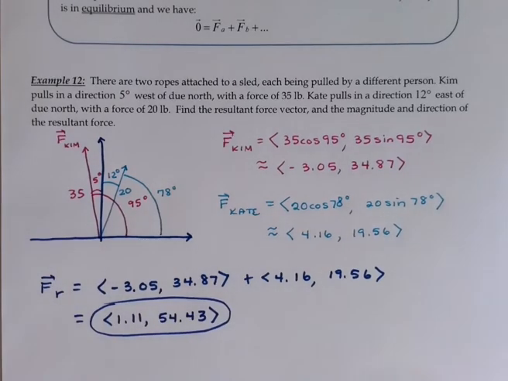The resultant vector. Notice that that is just slightly to the east of north, right? This is a first quadrant vector. So it turns out that they're going to go just slightly to the east of north in their final result. In fact, we'll figure out the angle momentarily.